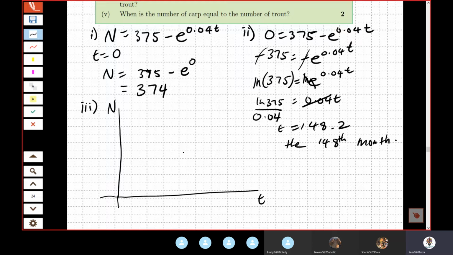But there you go. Okay, 375 minus e. I'll let you guys think about that for a second and see if you can pick up on what you would want to do or how you would draw that. Exponential.